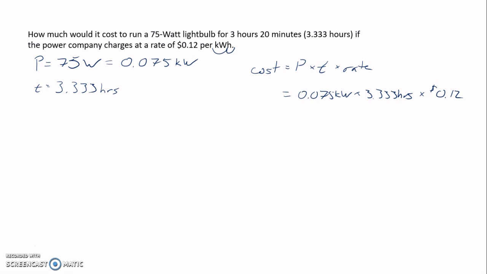Plugging that into a calculator, we find that the total amount of energy we've used is 0.25 kilowatt hours. And again, we have to multiply that by 12 cents since we have 12 cents per kilowatt hour. Multiply that together, and you get a total cost of 0.03 dollars. In other words, that's 3 cents to run a 75-watt light bulb for 3 hours and 20 minutes.